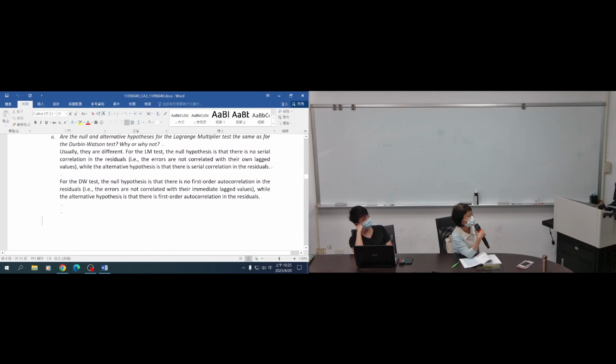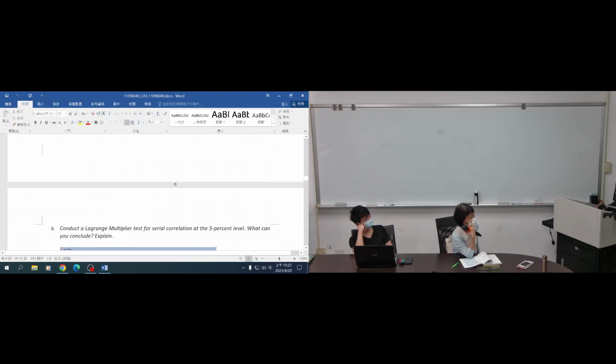For the Durbin-Watson test, the null hypothesis is that there is no first order autocorrelation in the residuals. The LM test can handle lags of more than one, but the Durbin-Watson test is for first order only.